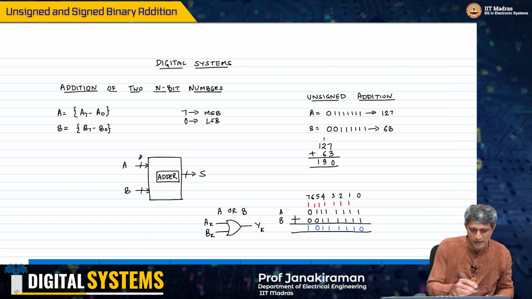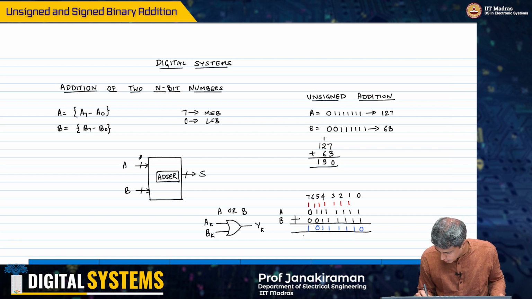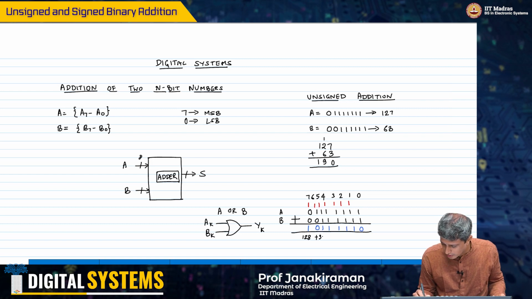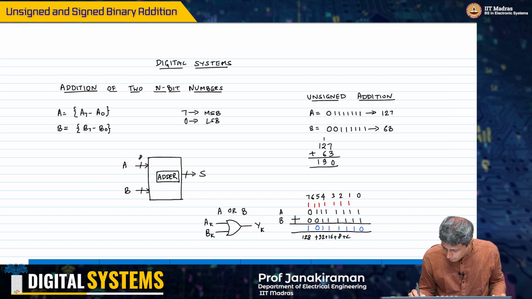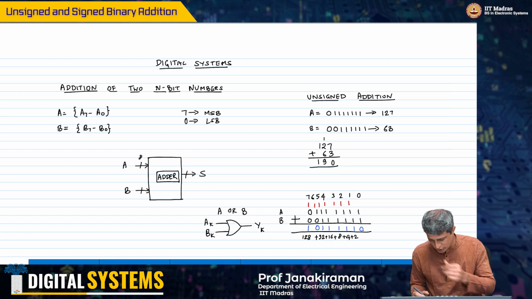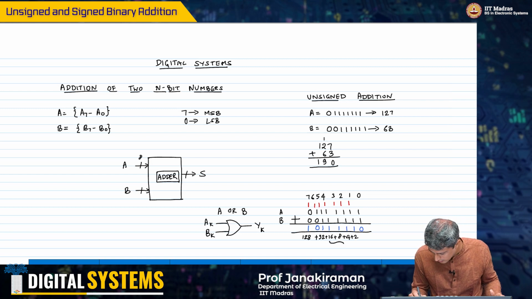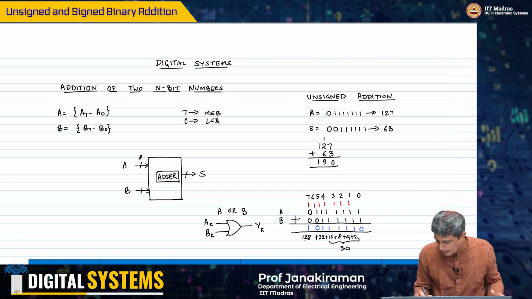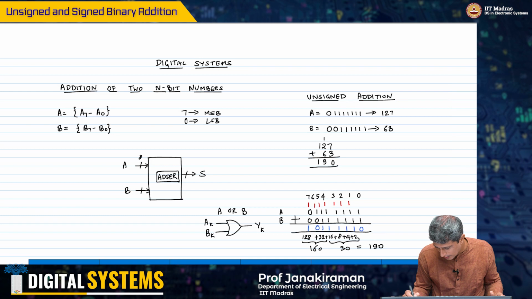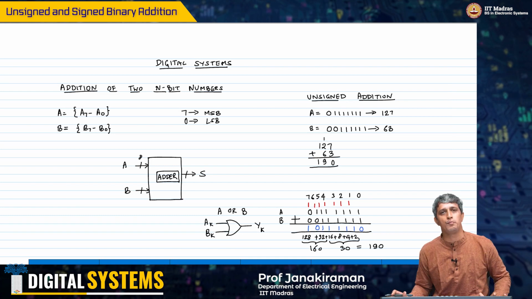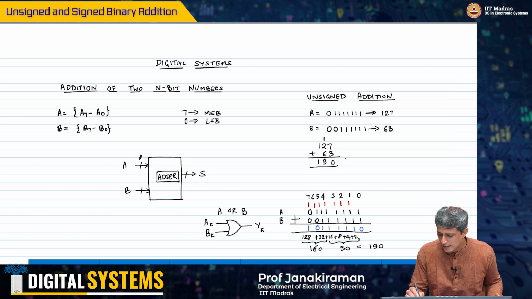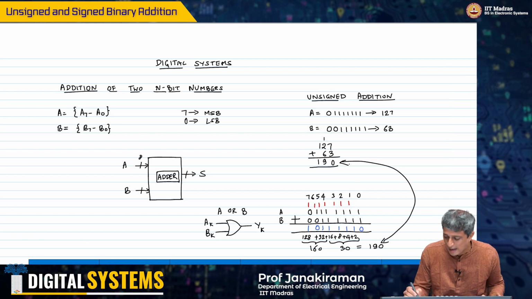It is 2 power 7, which is 128, plus 64, plus 32, 16, 8, 4, plus 2. So 16 plus 8 is 24, 24 plus 6 is 30, and 128 plus 32 is 160. So this is equal to 190. This makes complete sense, and the two answers indeed match.